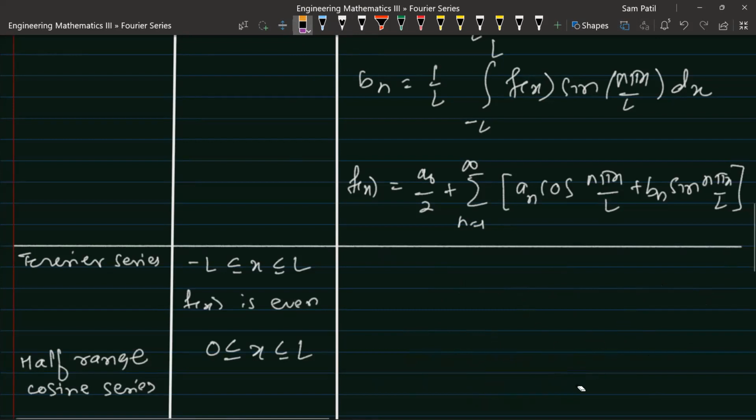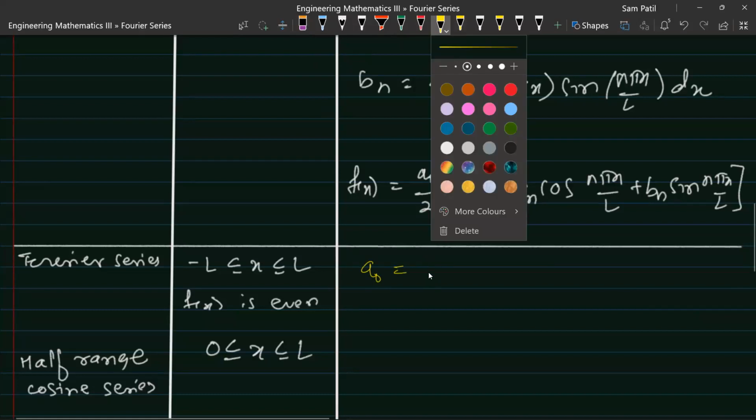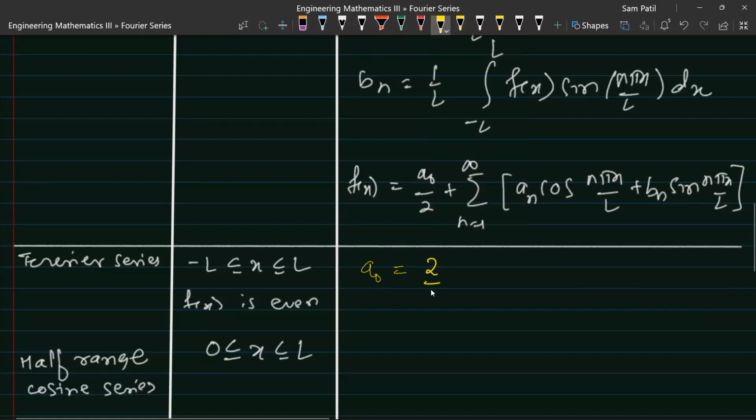So now in this case, observe it carefully. What is a naught? A naught is equal to 2 upon L, see this, the results are changing, integration 0 to L f(x) dx.